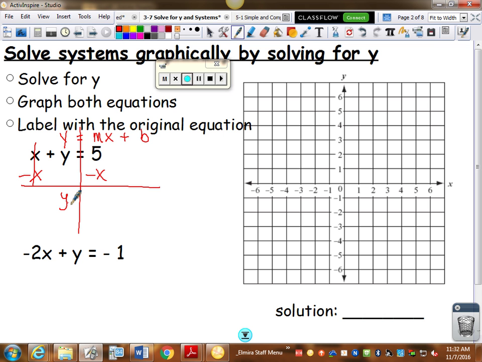And I'll get y equals negative x, remember the 5 comes over, plus 5. Okay, graphing that. Remember that there is an invisible 1 between the negative sign and the x, and to make it a fraction I can put it over 1. So I'd be going down 1 and 1 to the right.